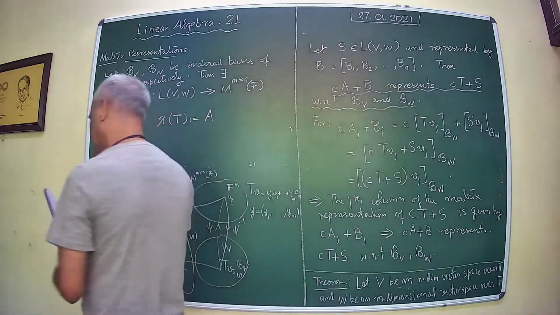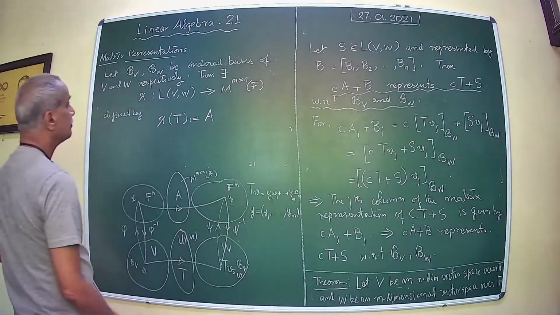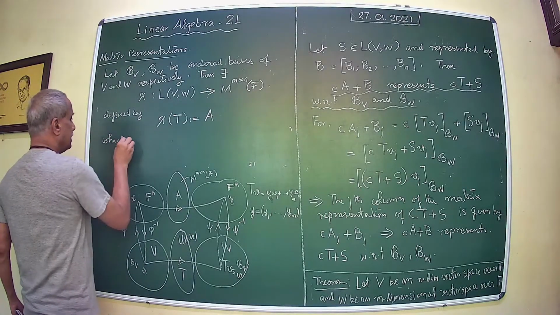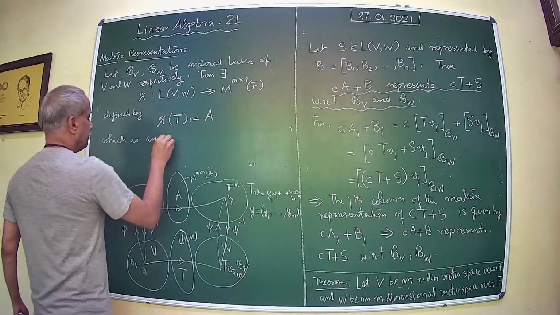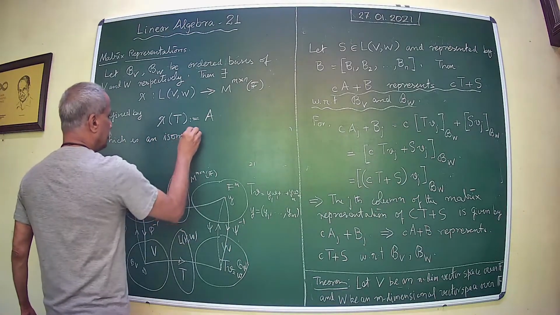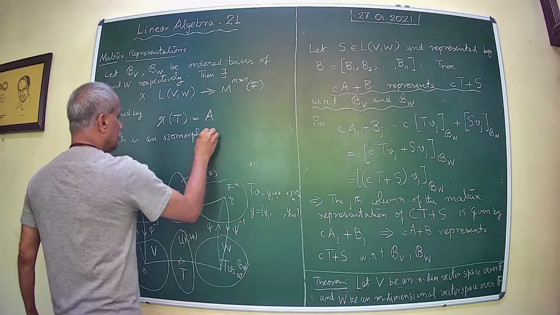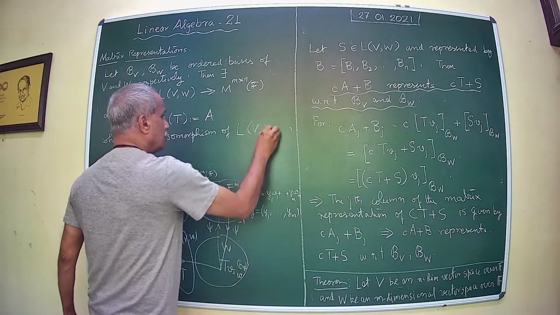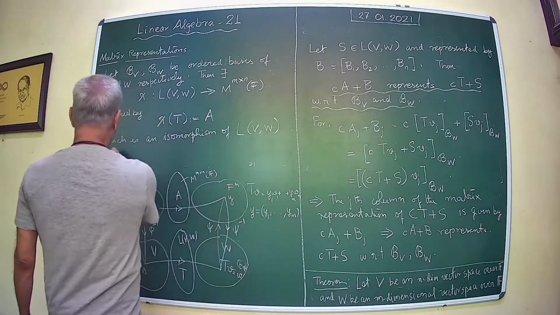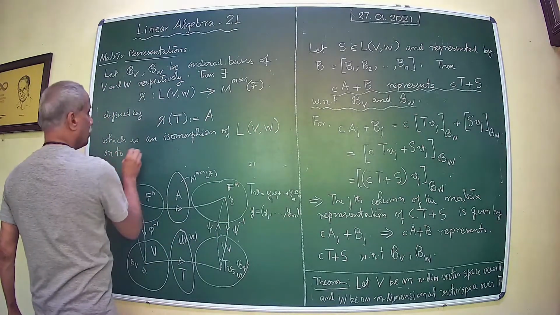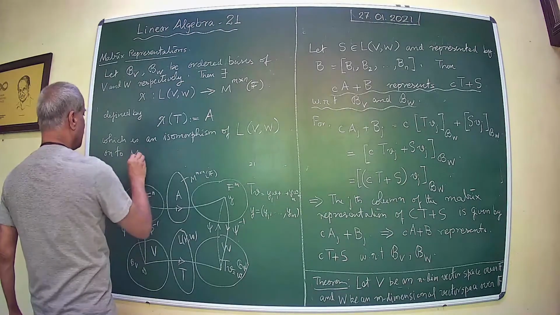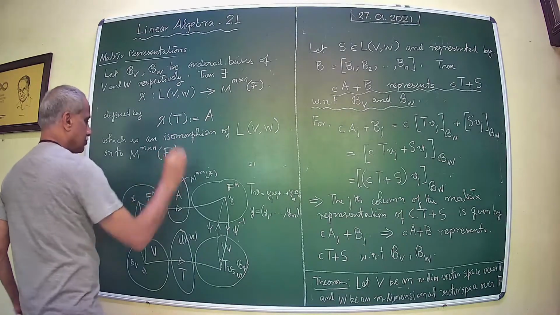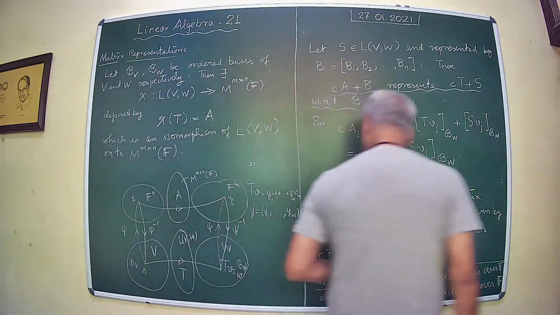Okay. Which is an isomorphism of L(V, W) onto M m by n (F). That's a beautiful thing.